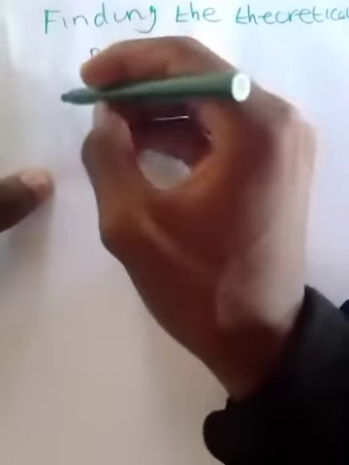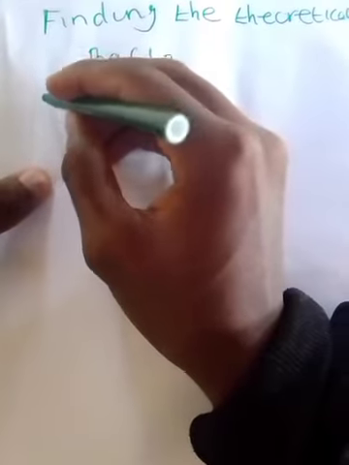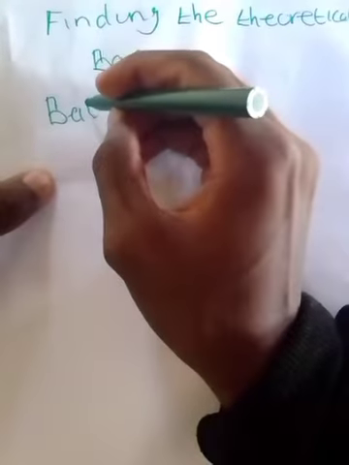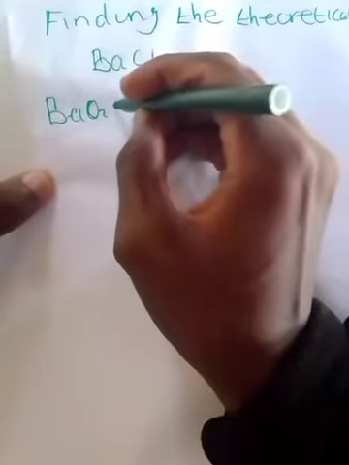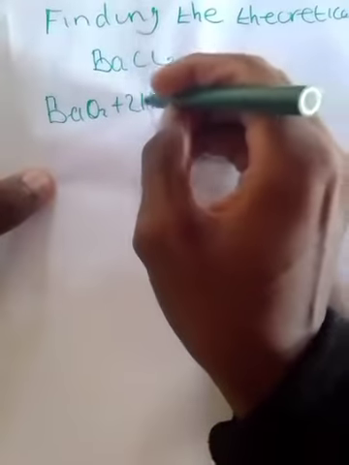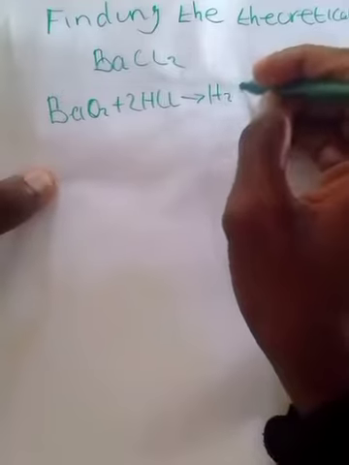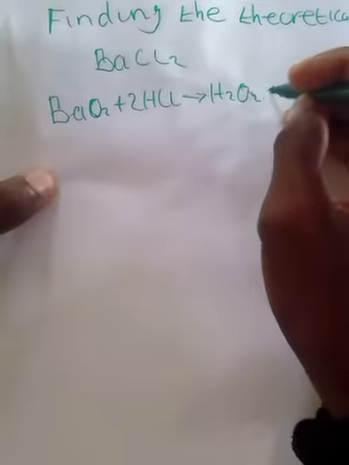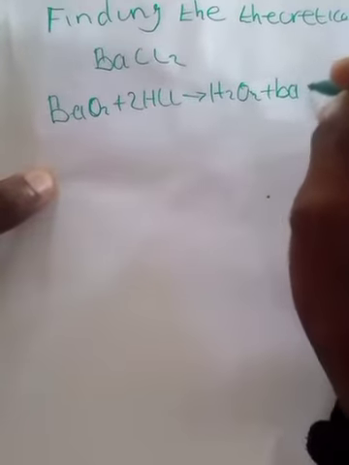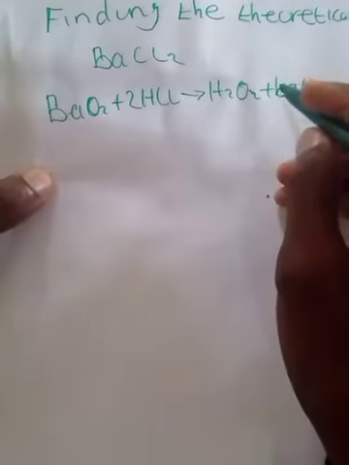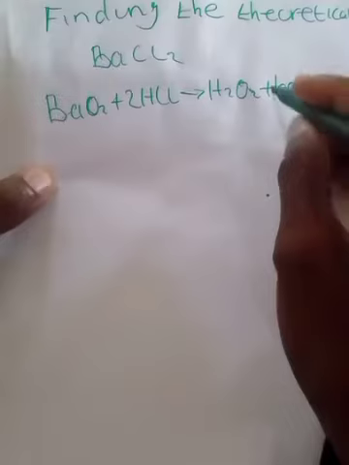So you're going to write your equation: barium oxide plus 2HCl gives H2O2 plus barium chloride. So you're looking for the moles for the barium chloride, right? It has a coefficient of 1.